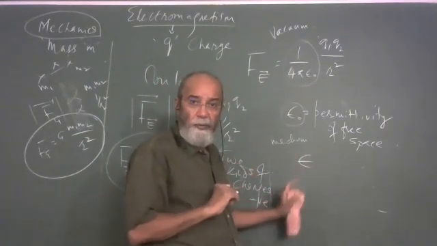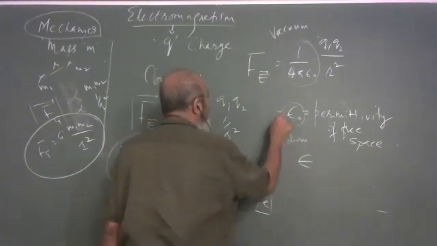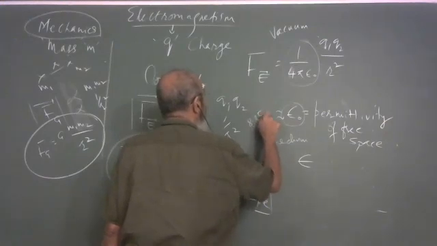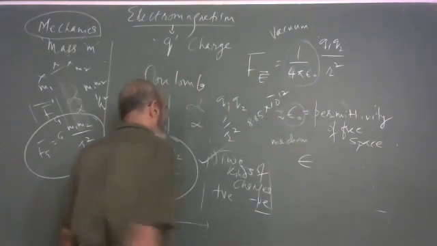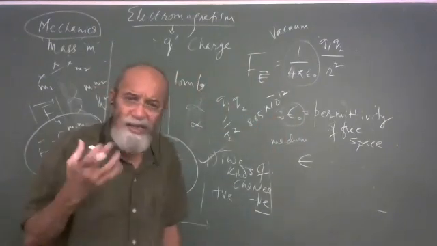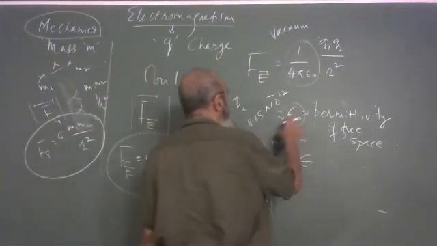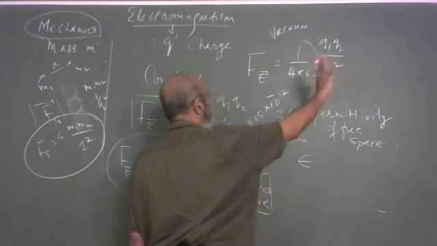So for a vacuum, the approximate value of the permittivity is 8.85 into 10 raised to minus 12, all SI system, some SI unit. How do you get the SI unit of permittivity? Just take permittivity here, take everything else and just write its units.